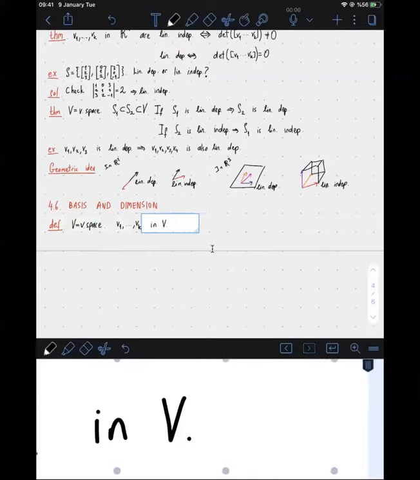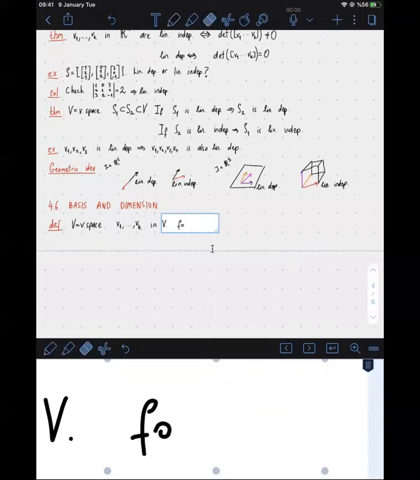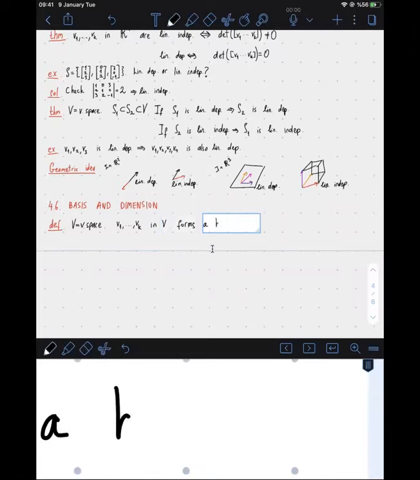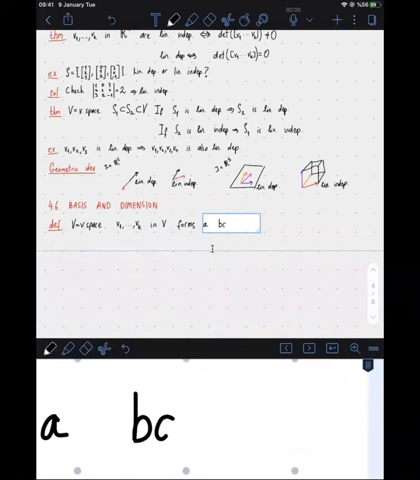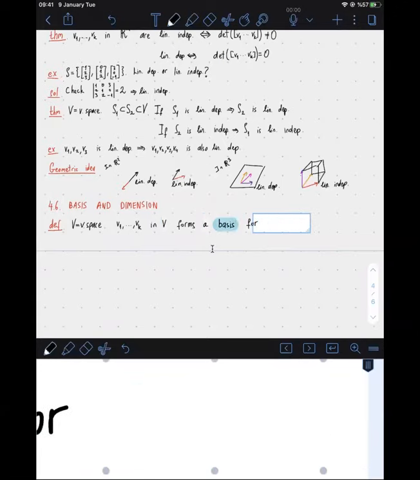And we say that these k vectors form a basis, this is an important term, okay, a basis for V, for the vector space, if the following two conditions are satisfied. This is a definition, okay, not a theorem.